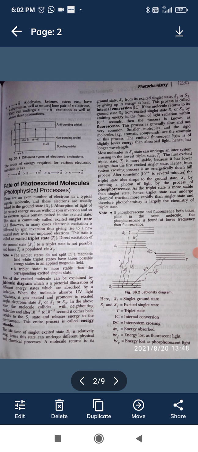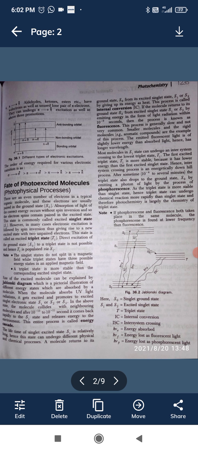If it happens within 10 to the power of minus 9 seconds, this process is called fluorescence, and energy is lost as fluorescent light, given as hν F. This process is generally slow and not very common. Smaller molecules and rigid molecules are examples of this process. The emitted fluorescent light is of slightly lower energy than the absorbed light, hence has a longer wavelength.